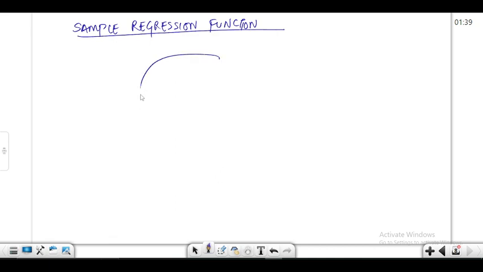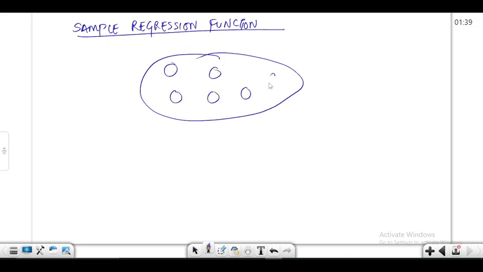So suppose this is the entire population. I'll take a small random sample, in which every value has an equally likely probability of being a part of the sample. Why am I taking multiple samples? Because a single sample might have a certain bias. Suppose I take data of income of Indian households.